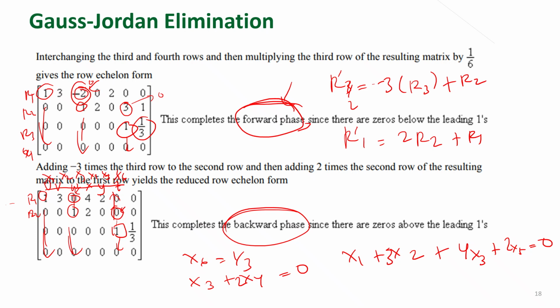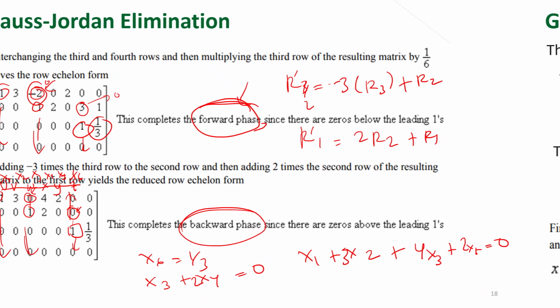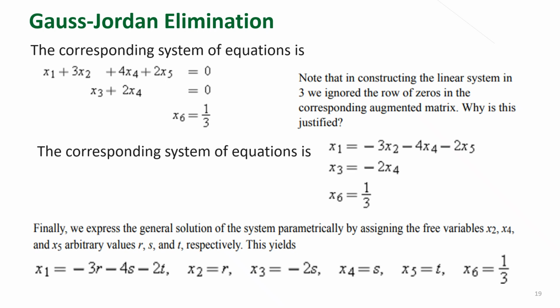See, like what I put earlier. So note that in this linear system, the rows with all 0s can be ignored. Okay, so the corresponding solutions will be this one.